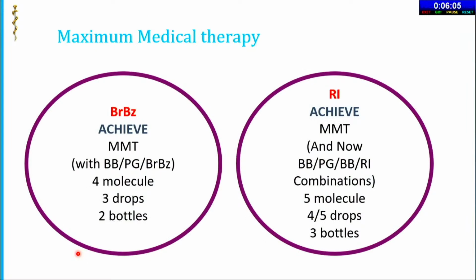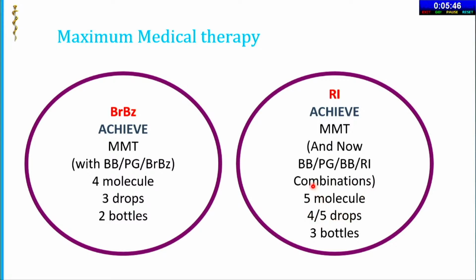With brinzolamide and brimonidine combination, you can achieve maximum medication with all the 4 molecules in just 3 drops in 2 bottles, whereas with the ROCK inhibitor, all the medication, 5 molecules, can be used in about 4 to 5 drops in about 3 bottles a day.